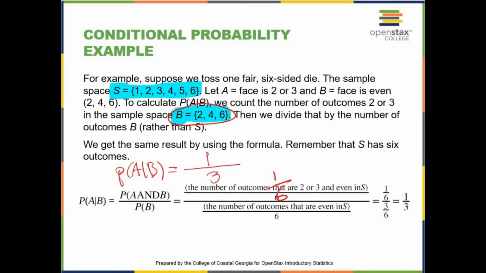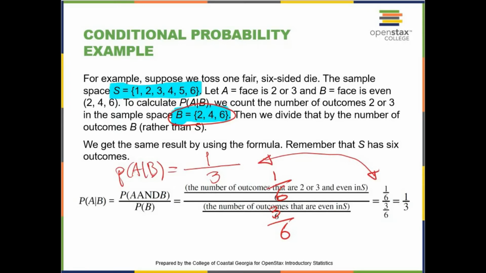We have 3 even numbers from the sample space out of the total number of 6. So we basically have 1/6 divided by 3/6, which is equal to 1/3. So the reduced sample space method works as well as the formula that we have for the conditional probability.